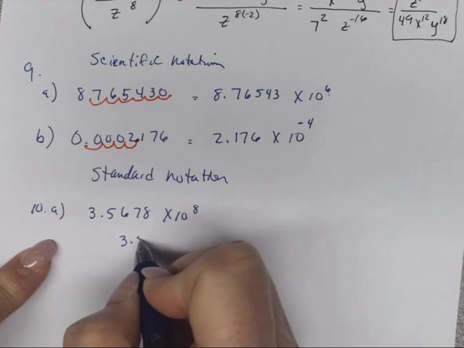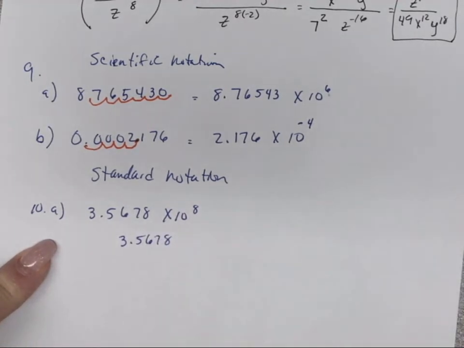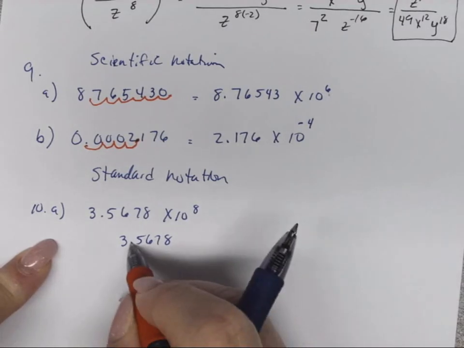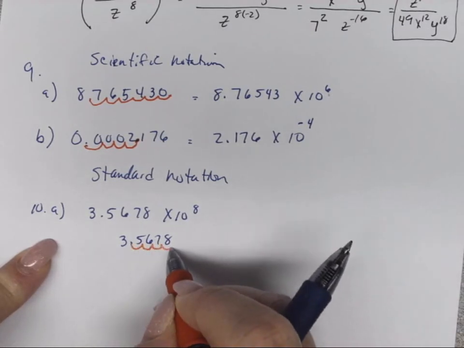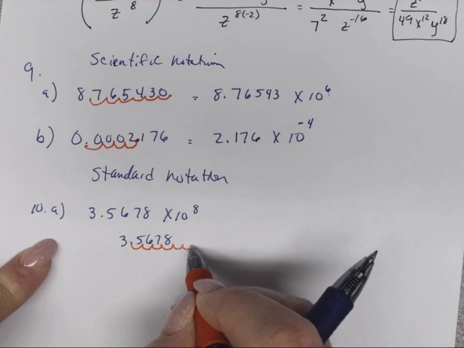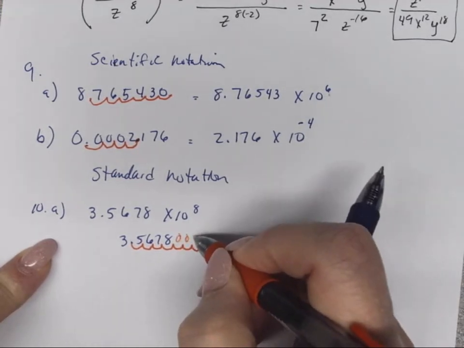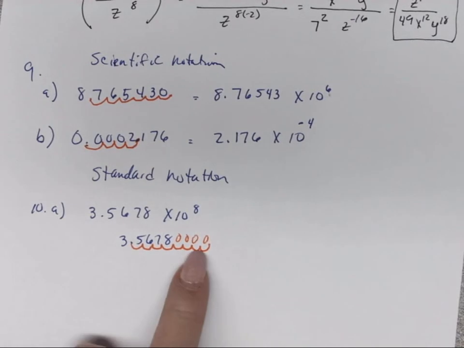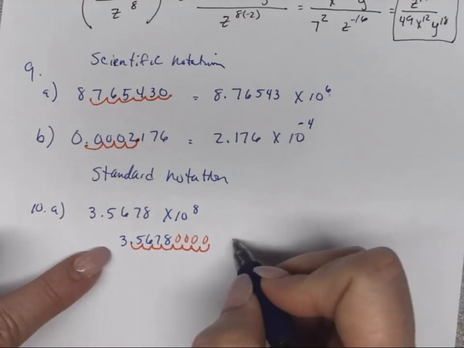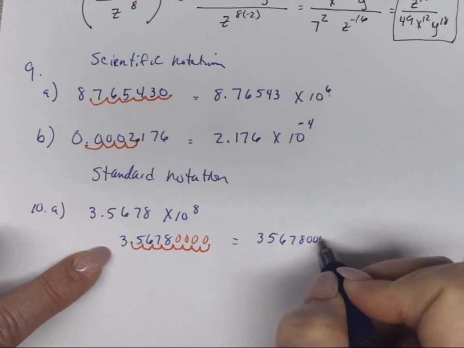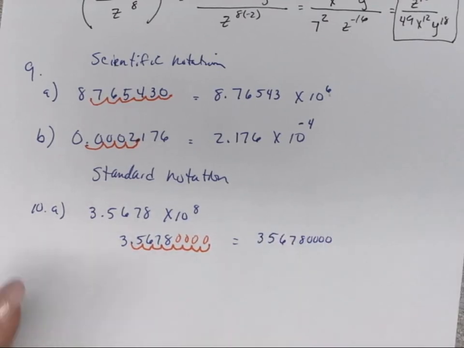So 3.5678, I have to move that decimal place over 8 places. 1, 2, 3, 4, 5, 6, 7, 8 places, which tells me I'm going to zero fill all of those. So those are a bunch of zeros there. So my answer will be 3, 5, 6, 7, 8, and 4 zeros at the end.